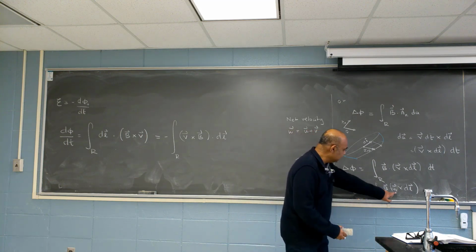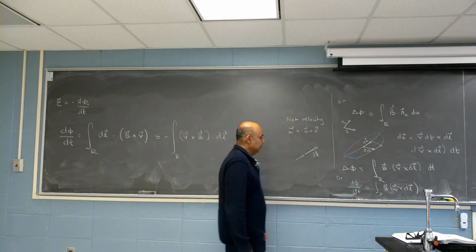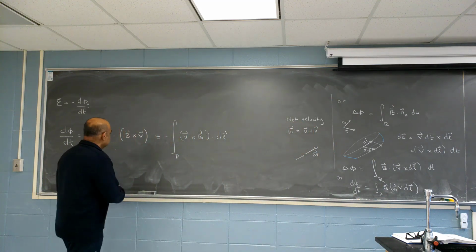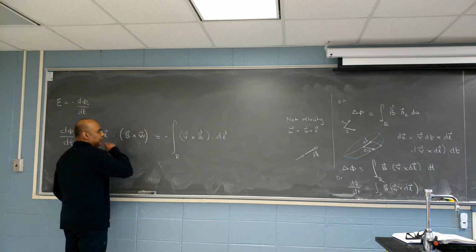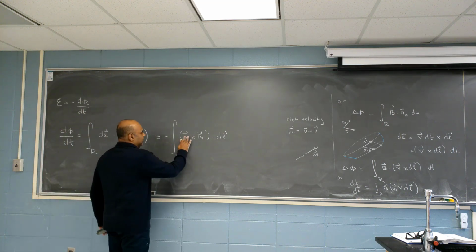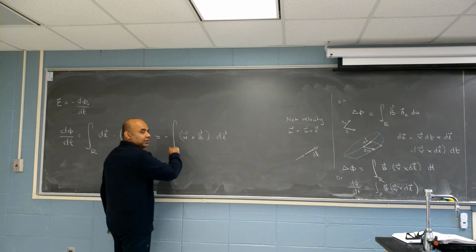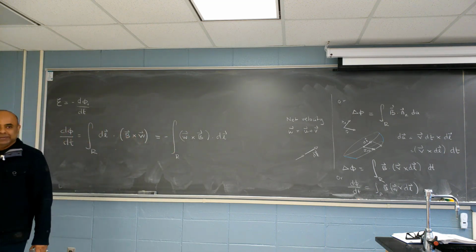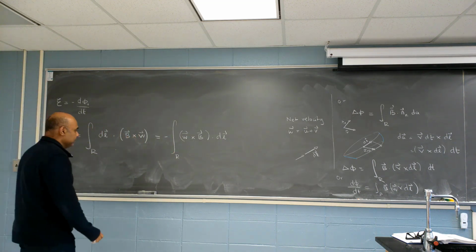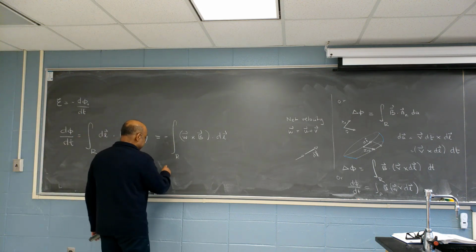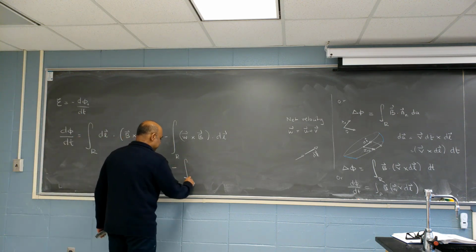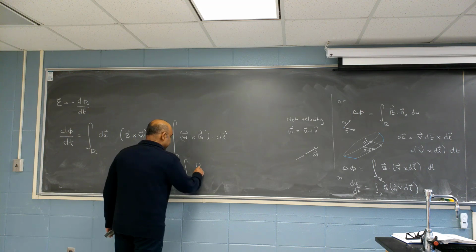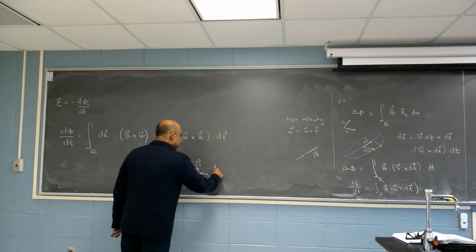So I replaced this with W. With apologies, I'll continue to do so here, apology only because of your note-taking. But this is precisely the magnetic force per unit charge.